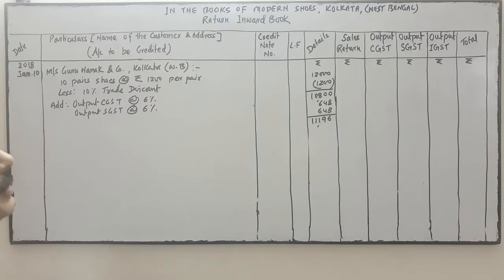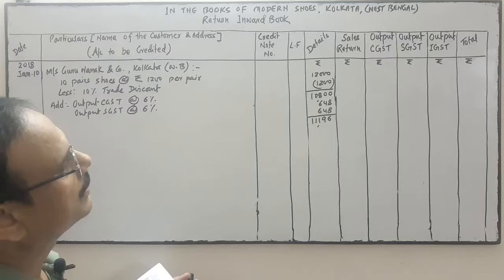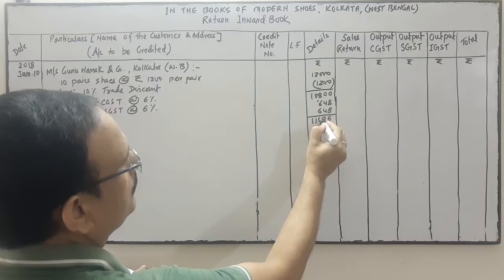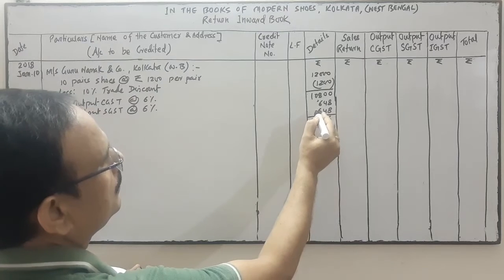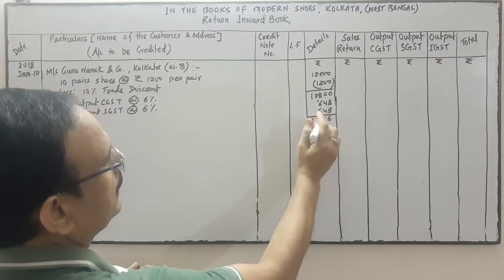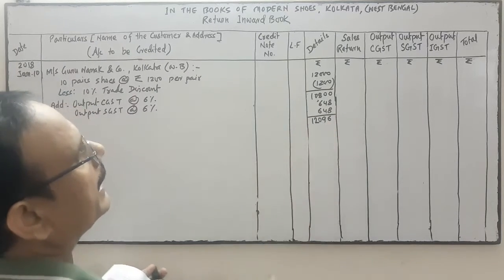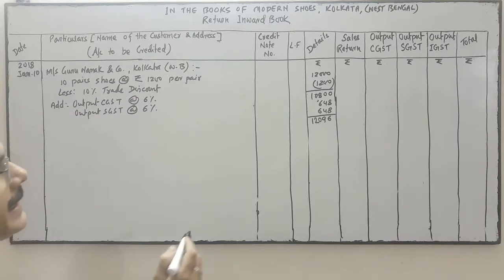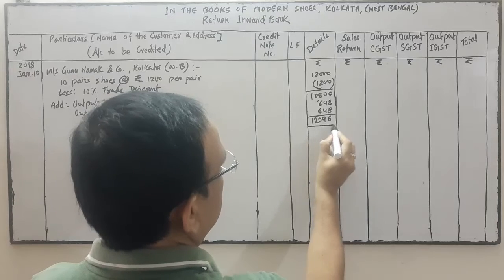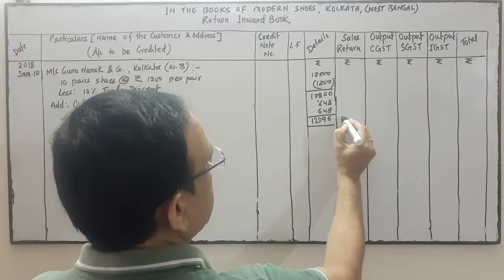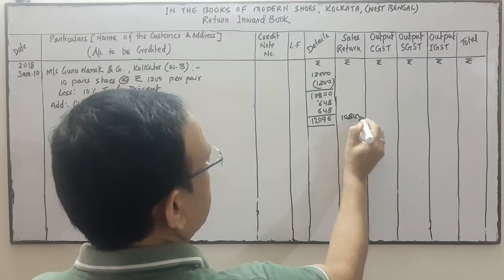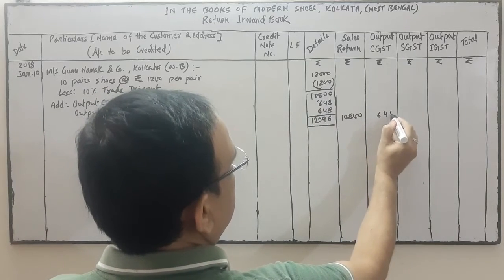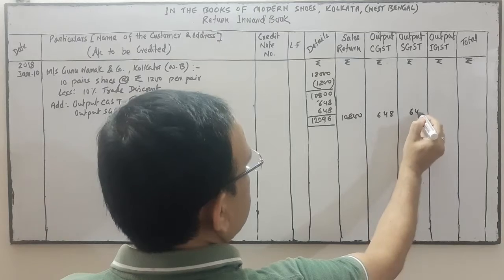The total is correct, you verify it. It is 12,096. So in the sales return we will write 10,800 in this amount column, in the output CGST column, output SGST column.